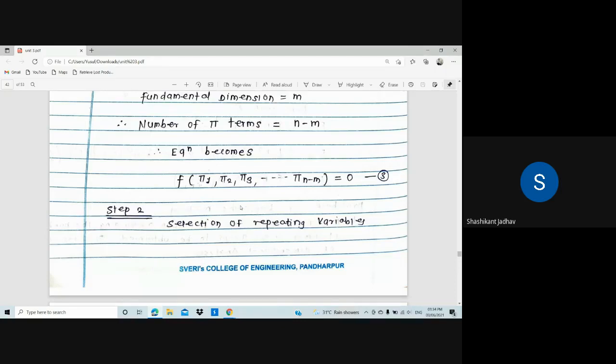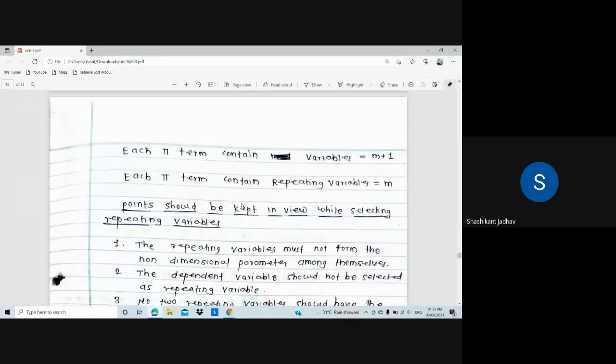Okay, then write down step number 2, selection of repeating variables. Each pi term contains how many variables? For that we use the equation m plus 1.